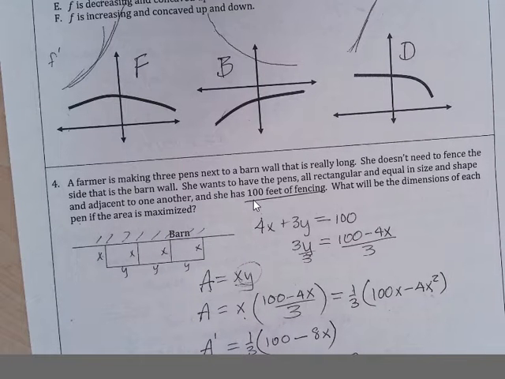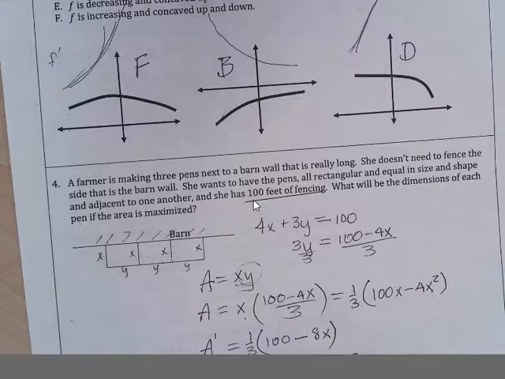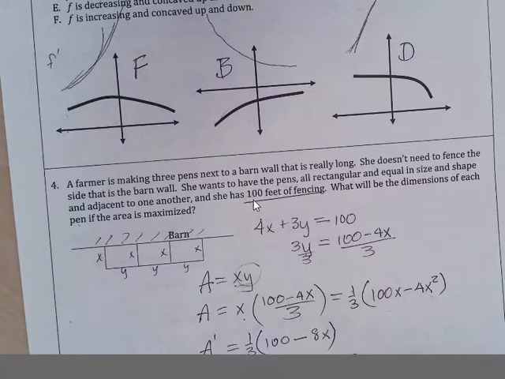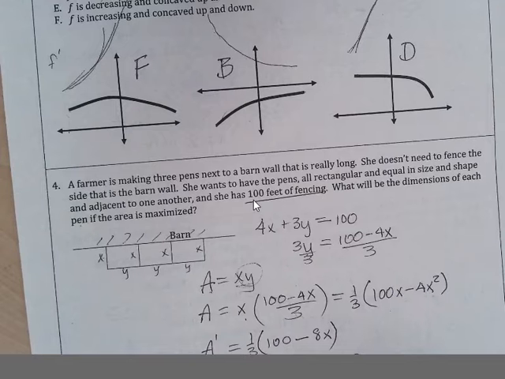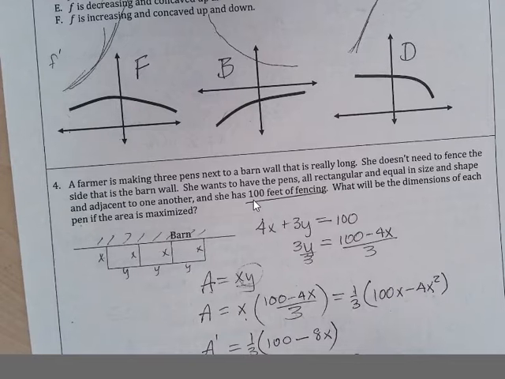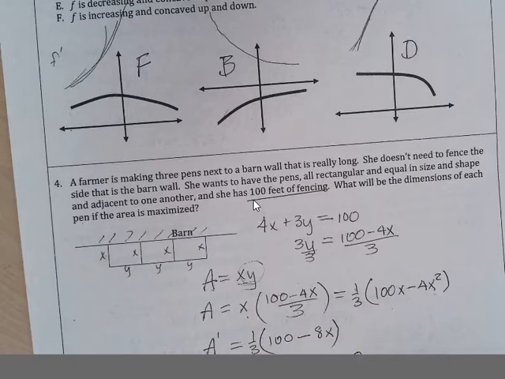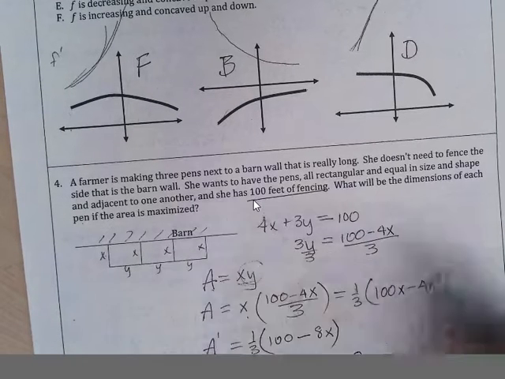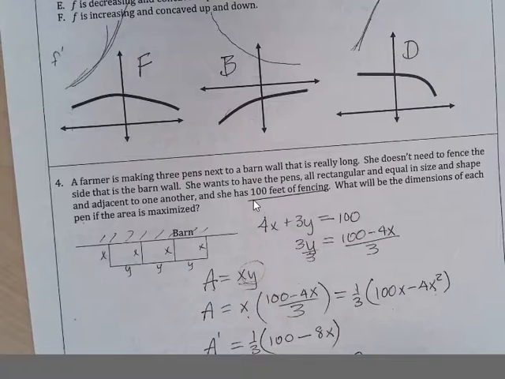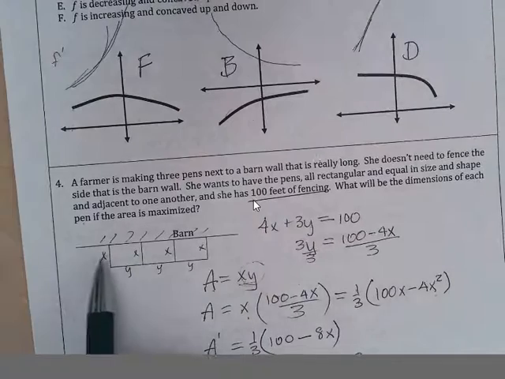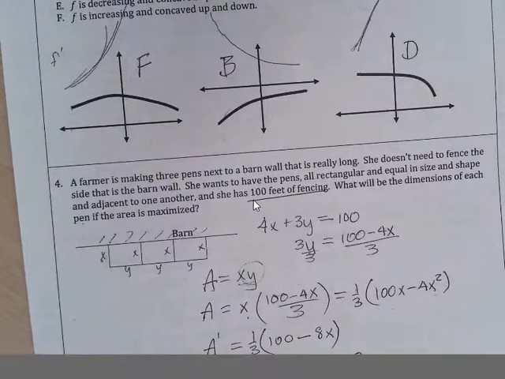So 8x must equal 100, and x must be 100 divided by 8, which is 12.5, and this is in feet. So there's one dimension. X is 12.5.